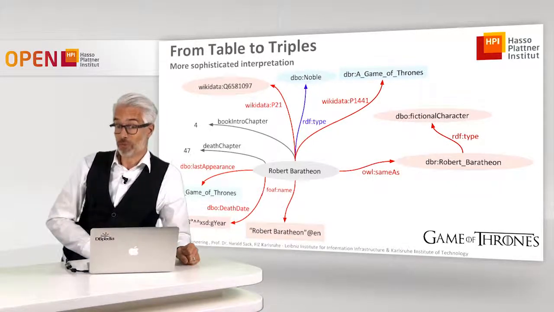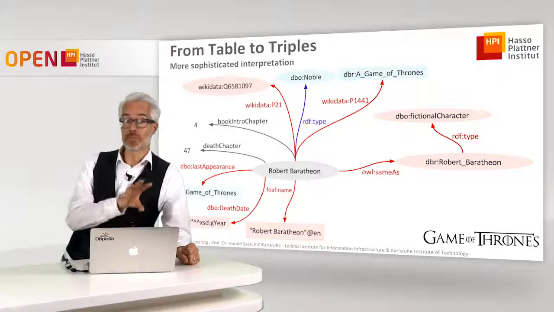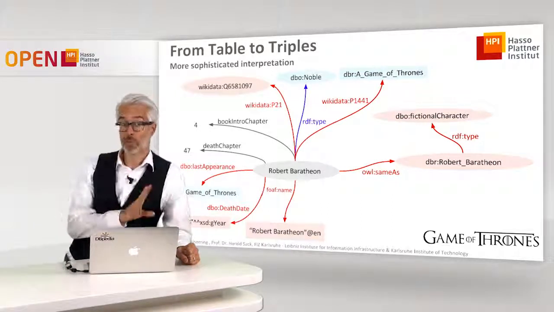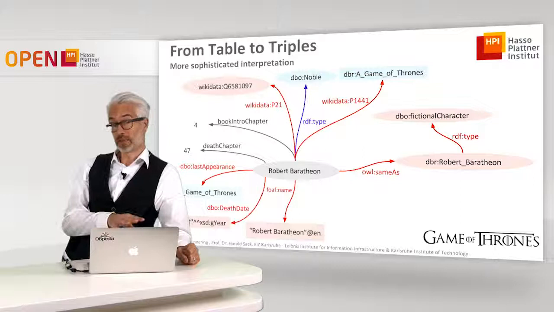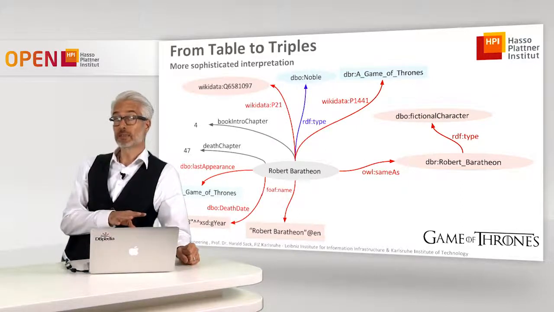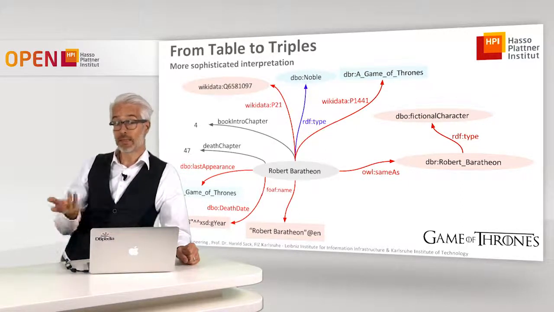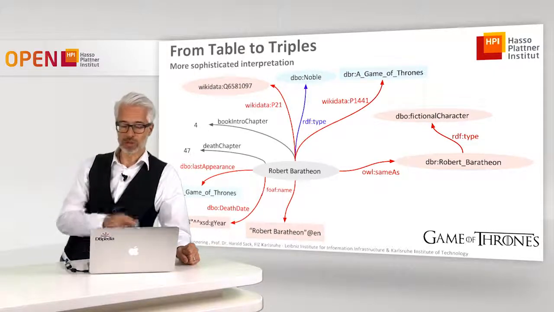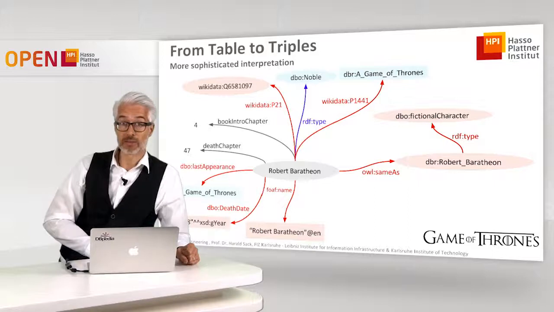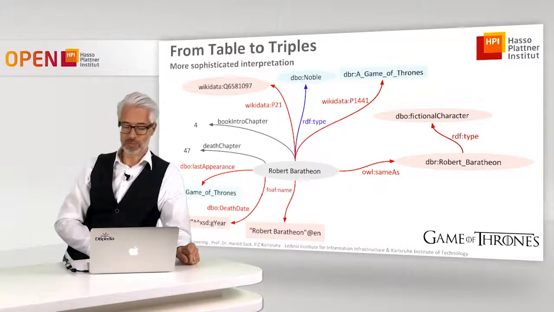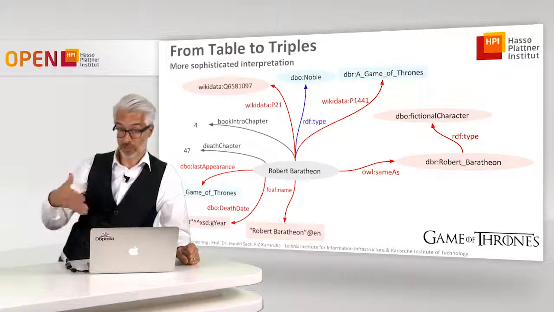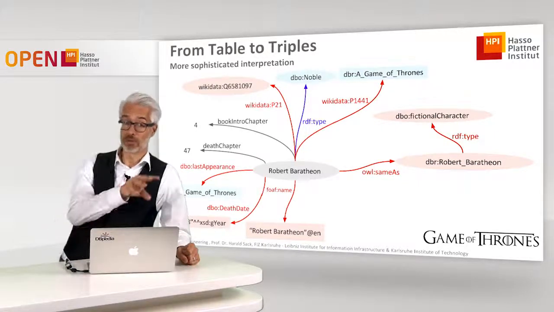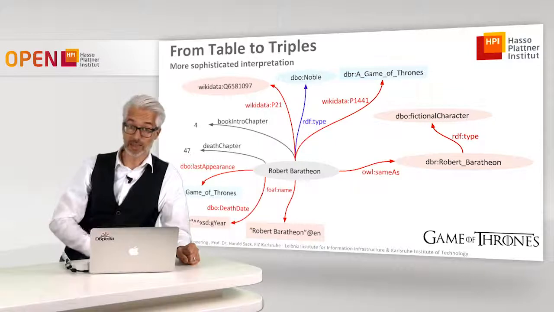What else can we do? If we keep Robert Baratheon in our own domain as an entity which is represented in our own domain, we can at least make a link to an existing entity, which means then we make a sameAs link to Robert Baratheon in DBpedia. So we have the DBpedia resource Robert Baratheon, which is of type fictional character. You see more information available there about Robert Baratheon, which is not in our dataset.